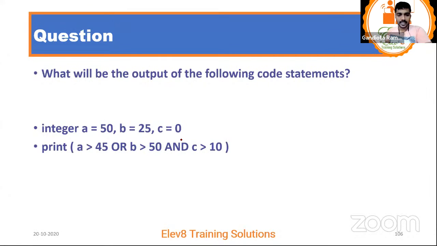Exactly, false or zero, that's not a big issue. Here the value of a is 50, right? 50 is greater than 45, right? Then b, what is the b value? 25.